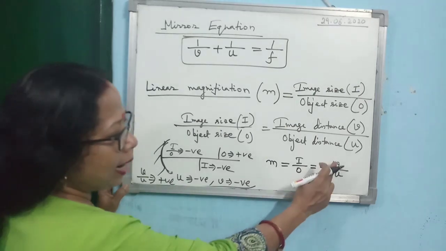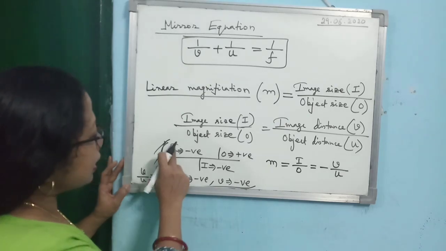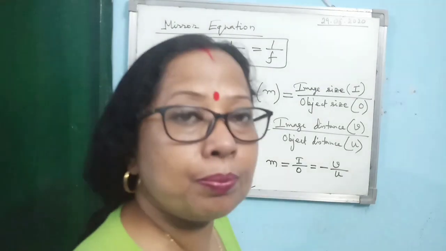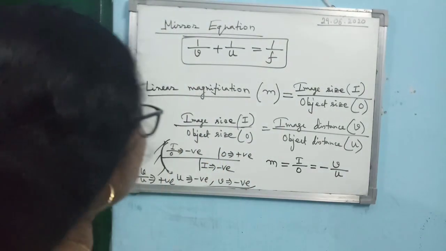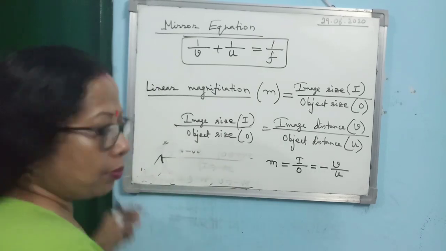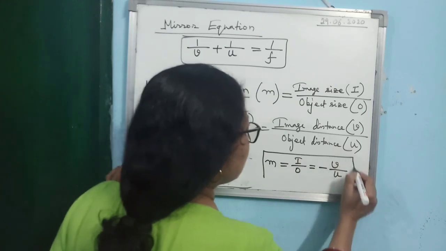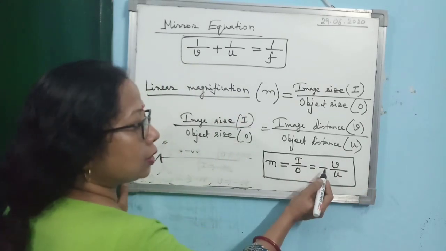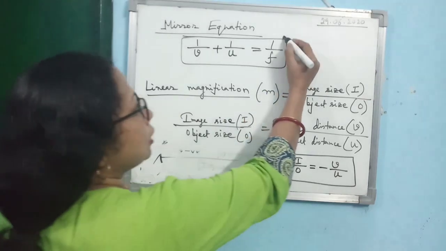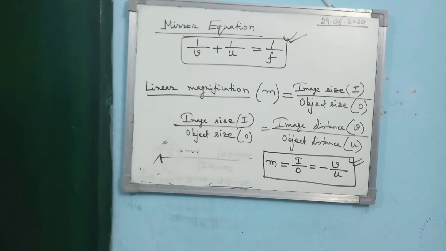So when you write minus V by U, minus and plus make it minus, and I by O and minus V by U become the same. That's why the formula we write for linear magnification is m equals I by O equals minus V by U. Be careful. These are the two formulae you have to learn and remember to solve the numericals.